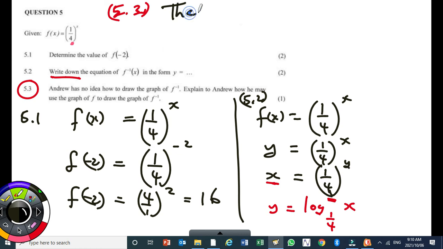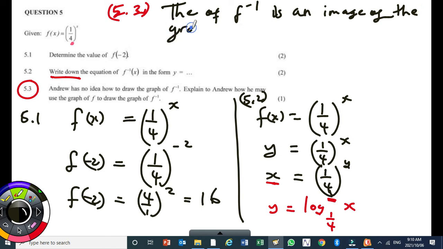The graph of f minus 1 is an image of the graph of f about the line y equals x. Right?